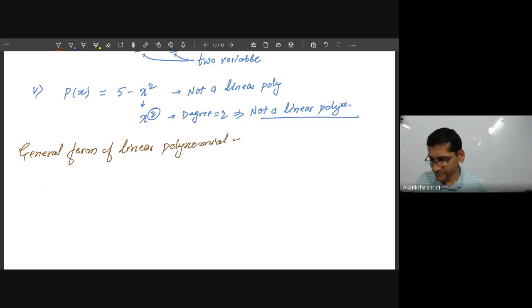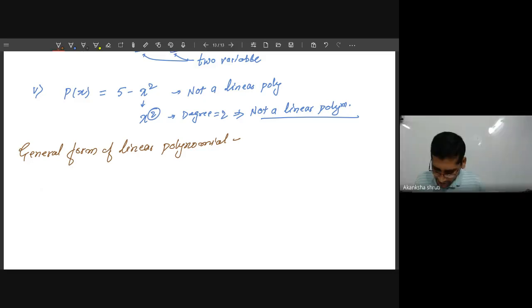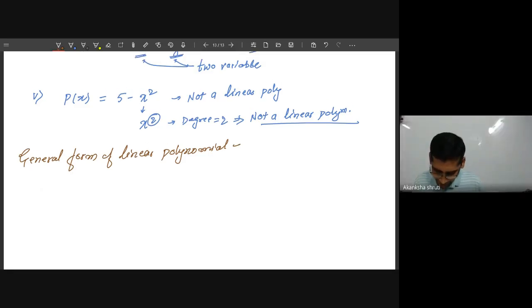The general form of this polynomial p(x) has only one variable x.